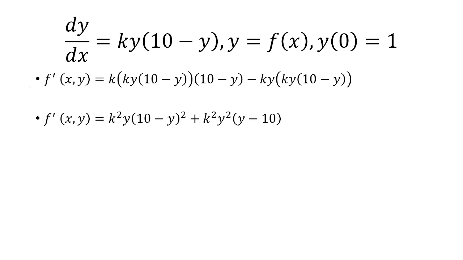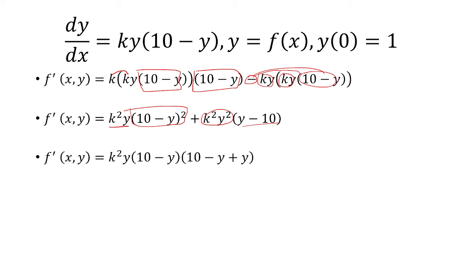And now we simplify. k times ky is k^2 y. I have (10 - y) times (10 - y), which is (10 - y)^2. And then ky times ky again is k^2 y^2. Here I have a negative and a 10 - y. I distributed the negative to get y - 10.